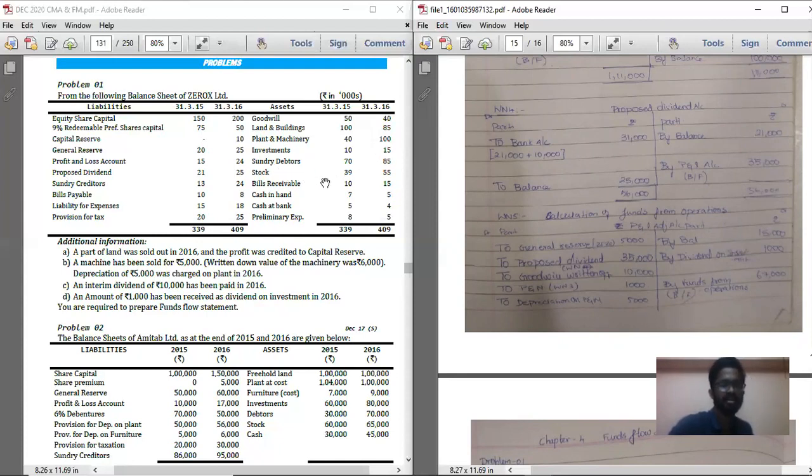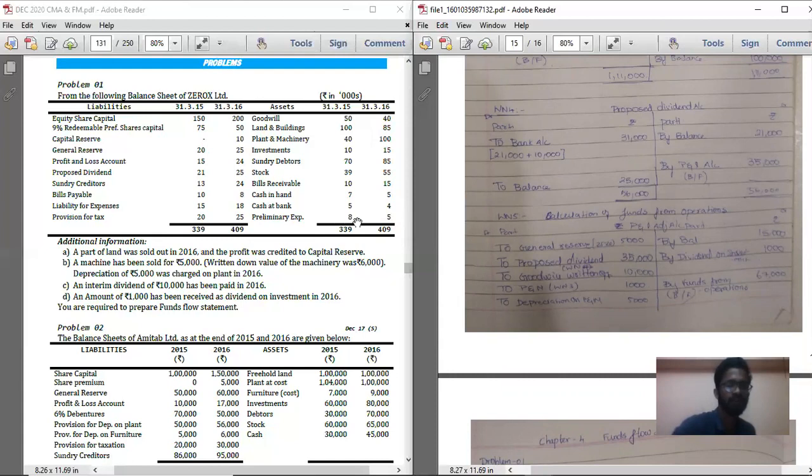Next are sundry debtors, stock, bills receivable, cash in hand, cash at bank. All are done. Preliminary expenses: there is 8,000 at the beginning of the year and 5,000 at the end of the year. So you have written off preliminary expenses of 3,000 during the year. When you write off 3,000, that is taken out of profits. That is nothing but a loss.